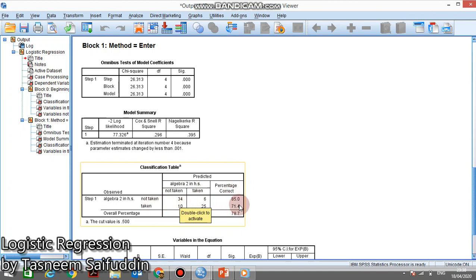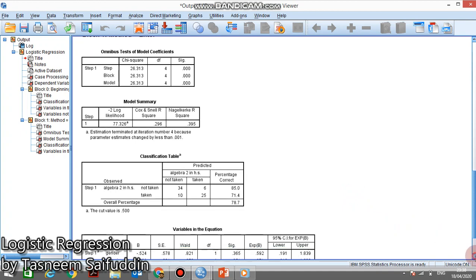So the percentage is 71. Previously the percentage was 53, and here it's 78. It means the percentage has increased. If the predictable value is increased, it means the analysis is useful.